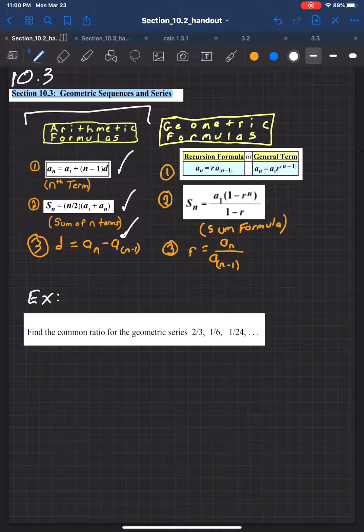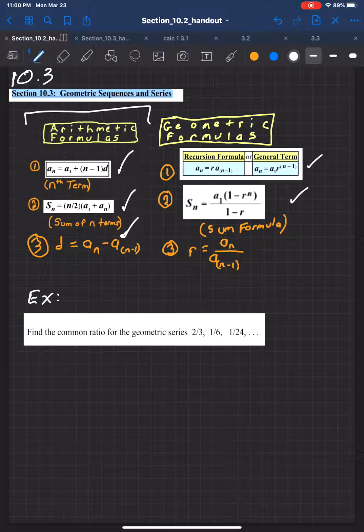Now, the questions are the same, but the sequences are different. So now the sequences are going to be geometric sequences. But we still are going to want to find the nth term. We're still going to want to be able to add up the terms in the sequence.